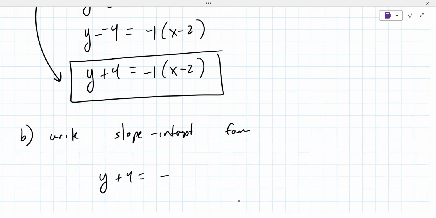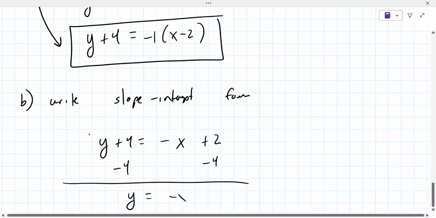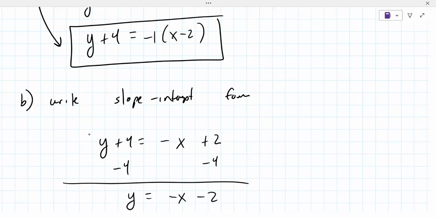So it becomes negative x plus 2, and then you have to subtract 4 from both sides. So y equals negative x minus 2, like that. My guess is you didn't distribute the negative completely. Yeah, that's kind of important.